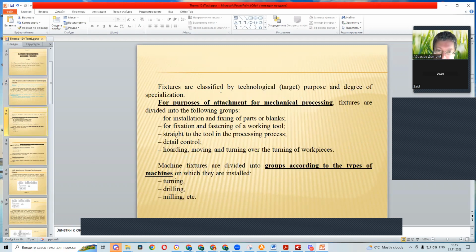Fixtures are classified by technological purpose, and degree of specialization.